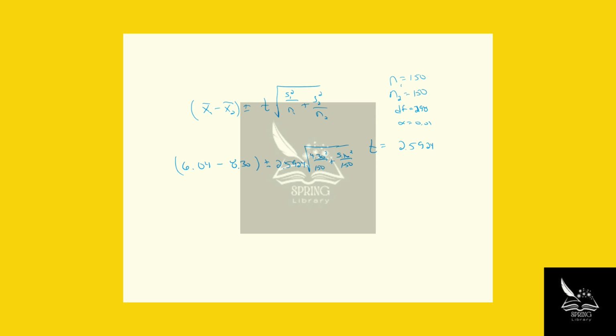So the 99% confidence interval, I'll go to 4 places. The lower boundary is found by subtracting.